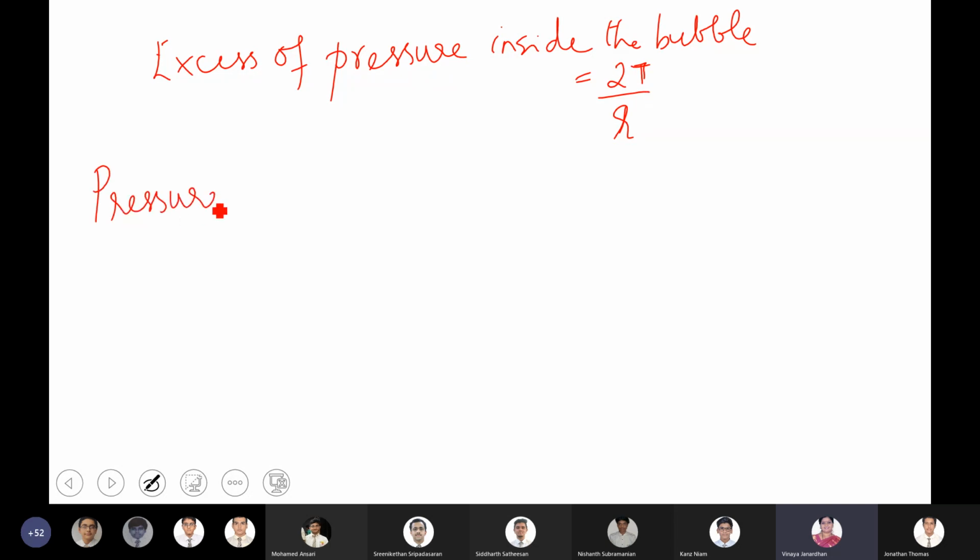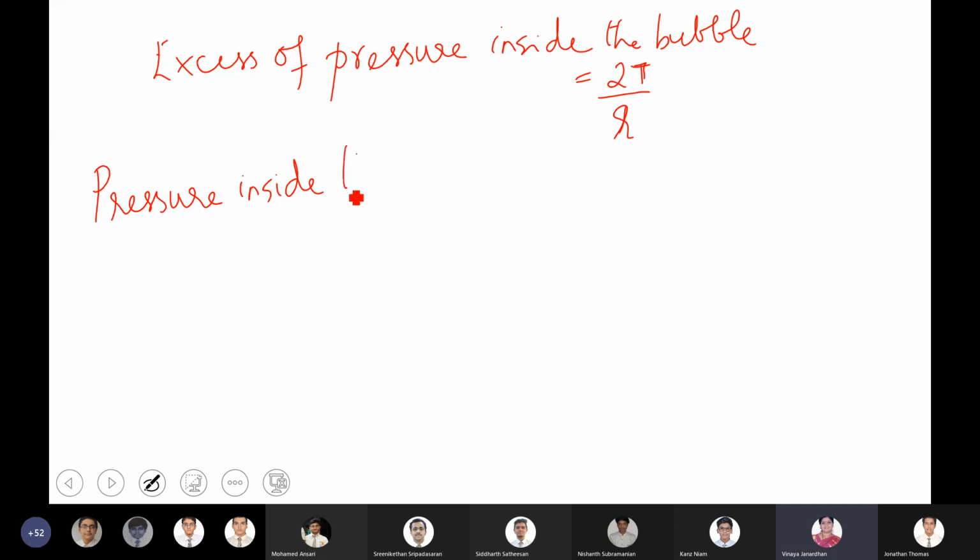Then you can go for pressure inside the bubble. So pressure inside the bubble will be the minimum pressure that is required to blow the bubble. See, when you want to blow the bubble, you have to provide a pressure which is at least equal to the pressure acting inside the bubble. If it slightly exceeds, then the bubble will break.